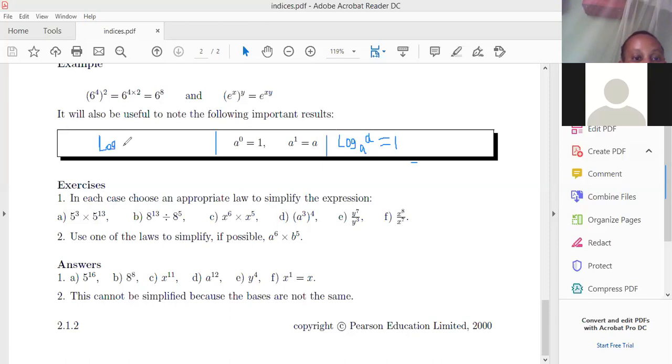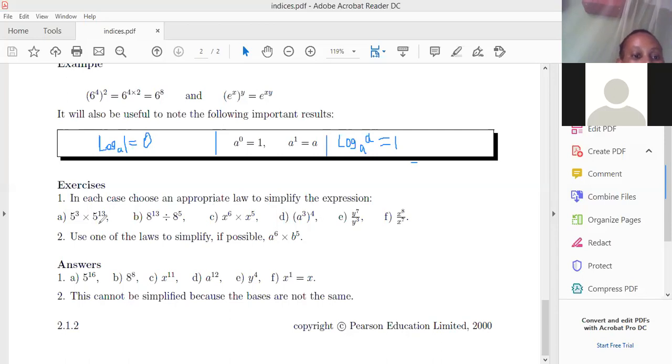The logarithm of 1 to the base of a. Log of 1 to the base of a is always 0. And you can even check this one from your log books. If you still have them, you'll actually understand the log of 1 is always 0. Because the log of 10 to the base of 10 is actually 1, although that 10 represents any other number to the base of itself.